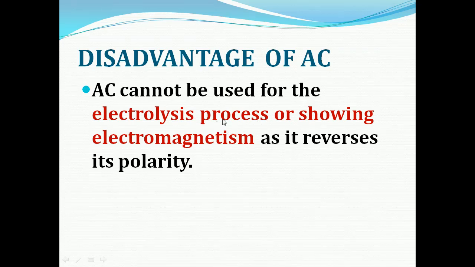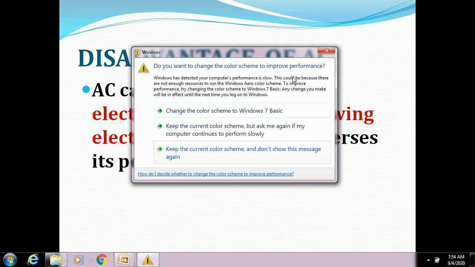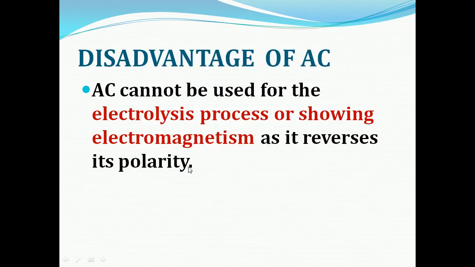We studied an example in the first unit, electrolysis of water, when electric current is passed through the solution and it splits the molecules into ions. As AC reverses its direction, it cannot be used for the electrolysis process or for showing electromagnetism.